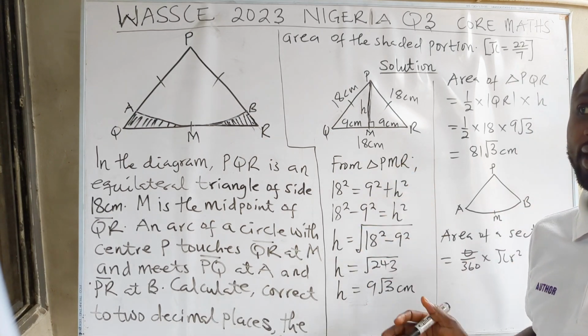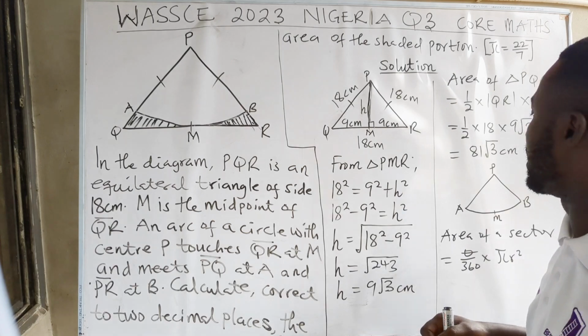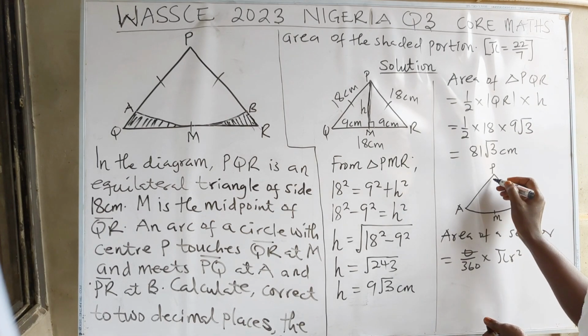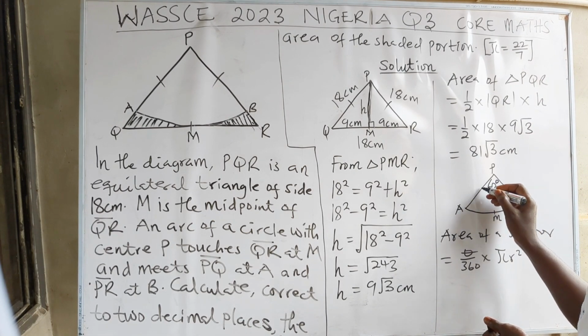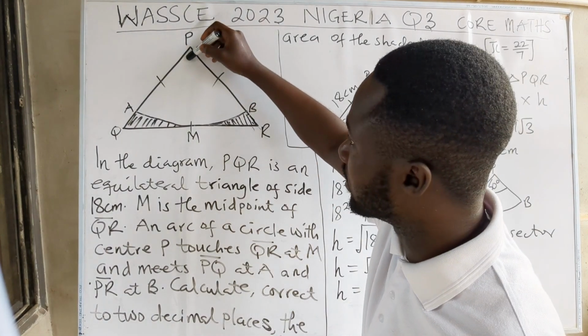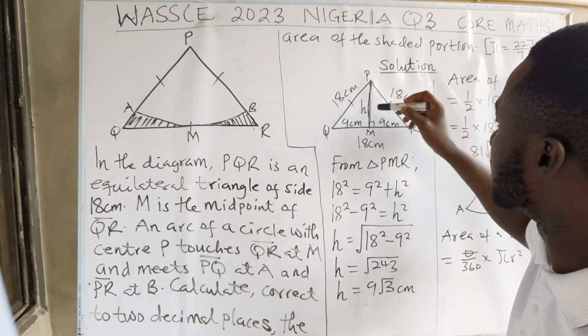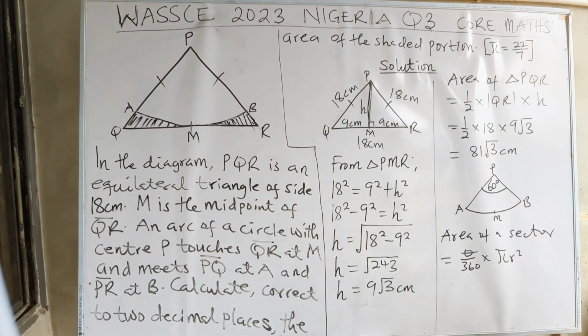So 180 divided by 3 will give us 60. So each interior angle will be 60. So the angle at the center here is going to be 60 degrees. So here will be 60, 60 and 60. Very good.